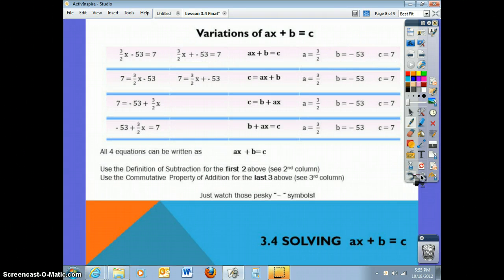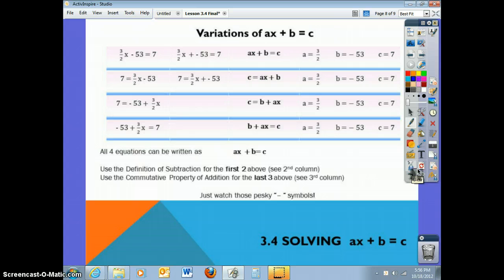All right. This one here is similar because it's also minusing 53. So again, we want to change it to adding a negative 53. It's actually written c equals ax plus b, which is pretty darn close to ax plus b equals c. You would just move the ax plus b to the left side and move the c to the right side, and you'd be in the right form once you set it up like that.